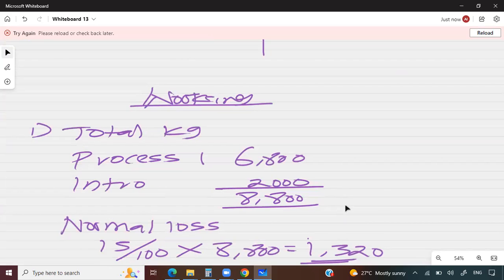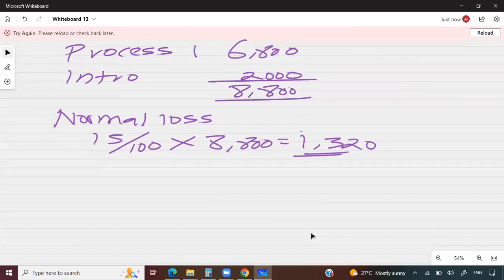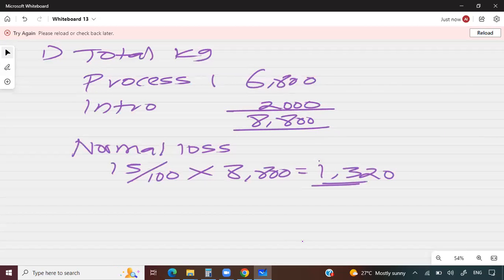If you have this normal loss, the next thing we need to ask ourselves is whether there is an abnormal gain or an abnormal loss.